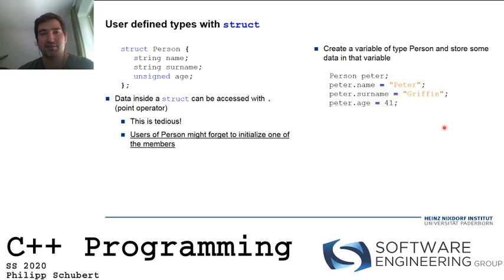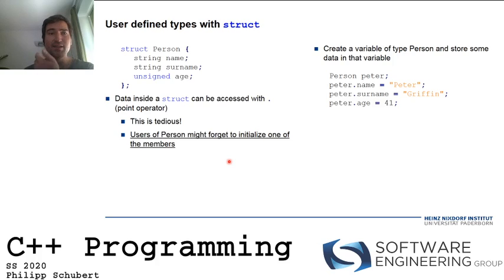And also, if you imagine you have some larger data types which comprise more data members, a user of that type might forget to initialize one of the data members, and then you run into problems because later on you process that data and access a member variable which is not correctly initialized, and that's usually not what you want.